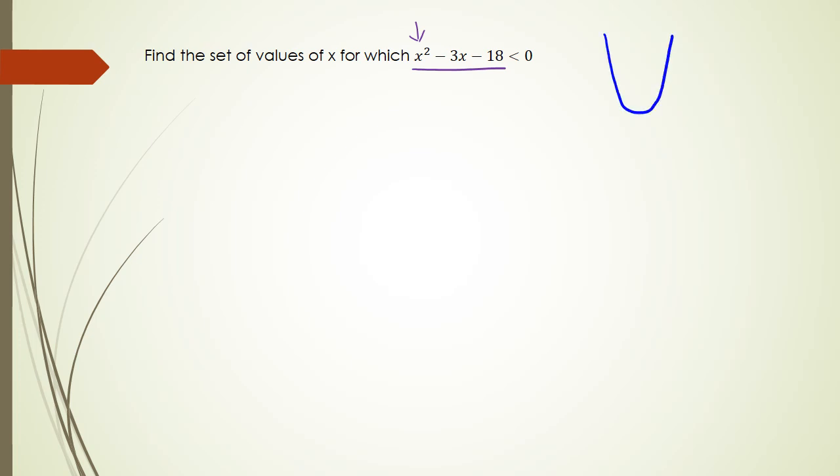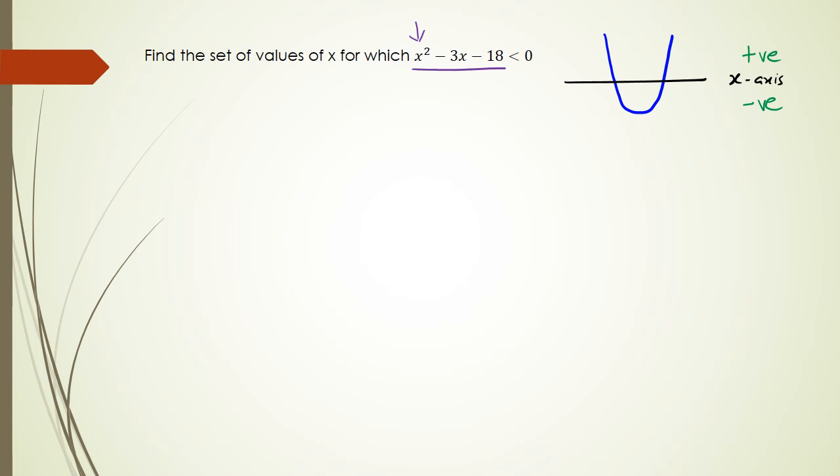Now with this particular parabola, this black line here is going to be the x-axis. All of the values above the x-axis are going to be positive, and all of the values below the x-axis are going to be negative. What we're looking for in this question is when this parabola is less than 0.